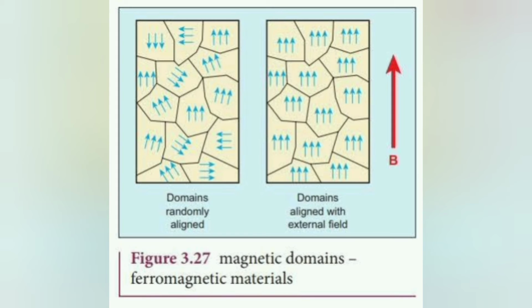Whereas in the second picture, you can see when the external magnetic field is applied, the domains align themselves with the external field, in the direction of the external field. Though the fact is that even in the absence of a magnetic field, they don't tend to lose their magnetic properties, and still they have certain domains which are aligned, in which the electrons are aligned in a particular direction.